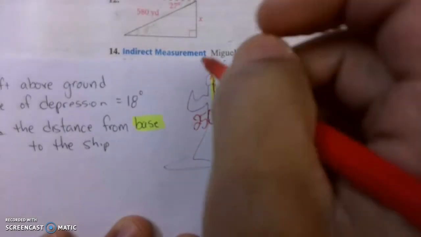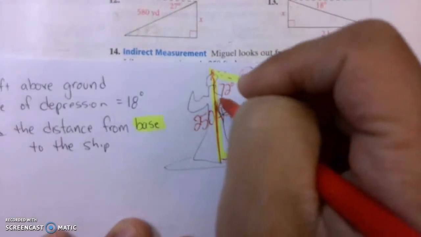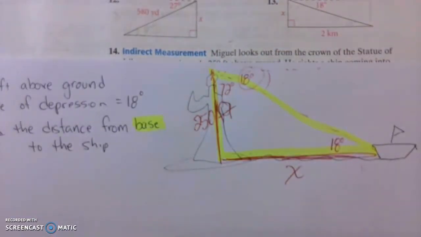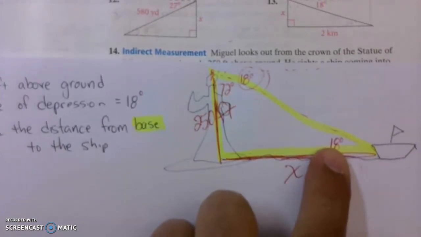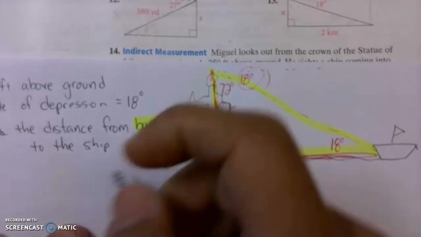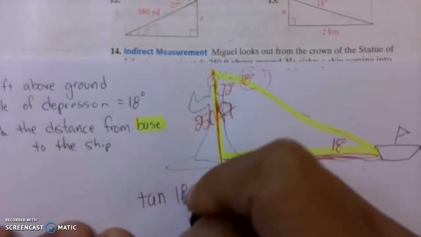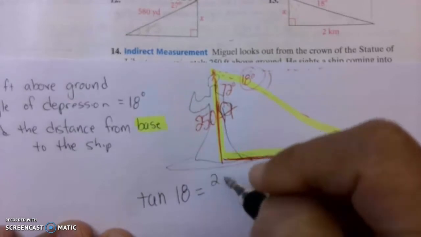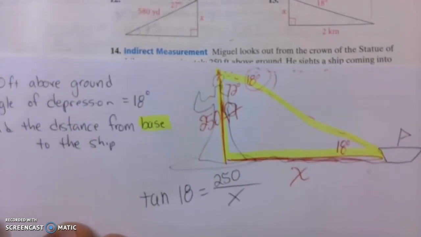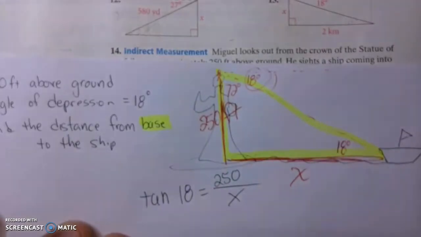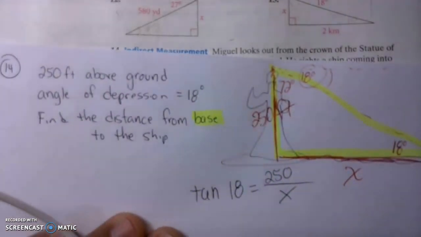You could say this is 72 degrees because 72 plus 18 is 90 degrees, but ultimately 18 is down here. Then you set up your equation. You've got opposite, you've got adjacent, so you would say tangent of 18 degrees is opposite, the height of the statue, over X, the distance to the ship. That's the adjacent part.